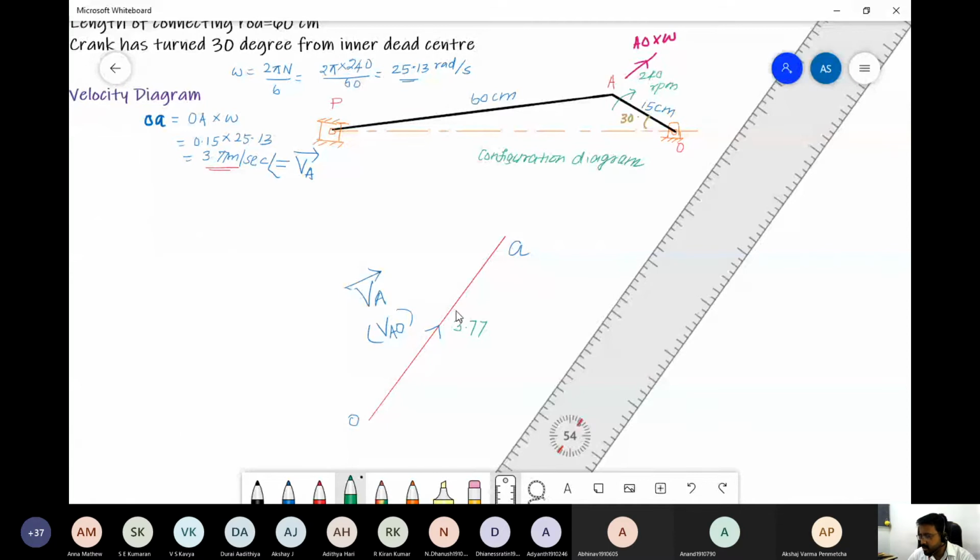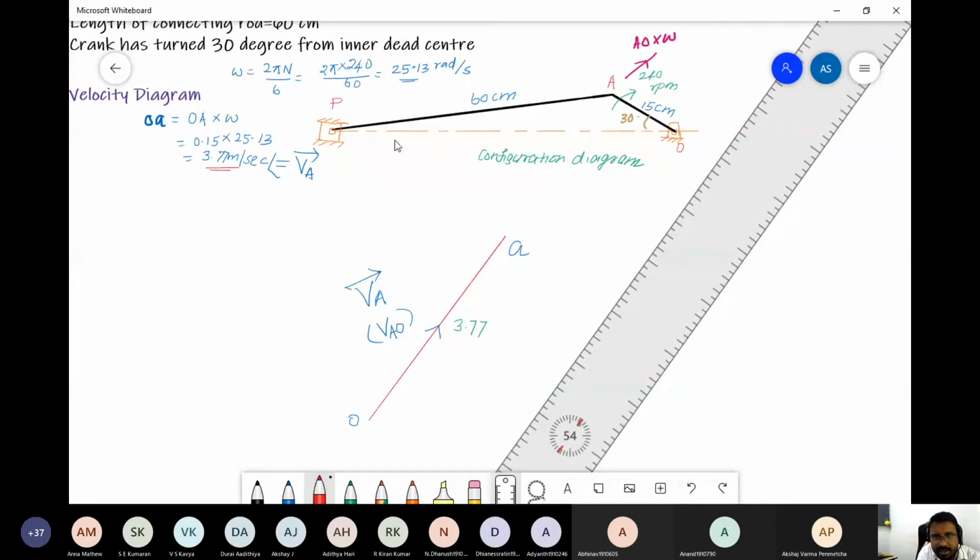So the next thing is you have to draw the constrained linkage. What is the constrained linkage here? This P, that is the slider, that is the piston that is moving like this. What is the direction of the piston?